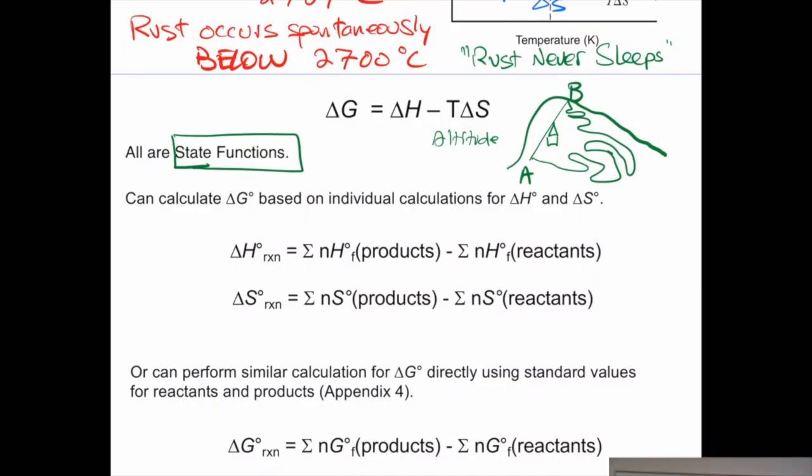The difference in state 1 versus state 2 is always the same. And it says state, but these are really equilibrium states.